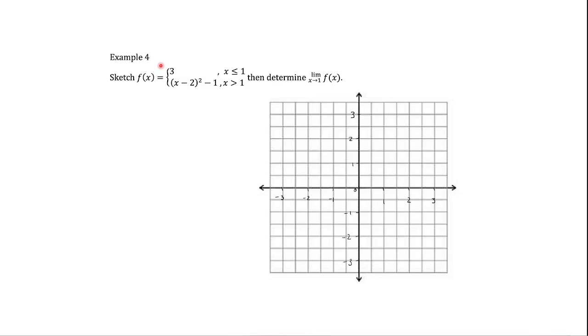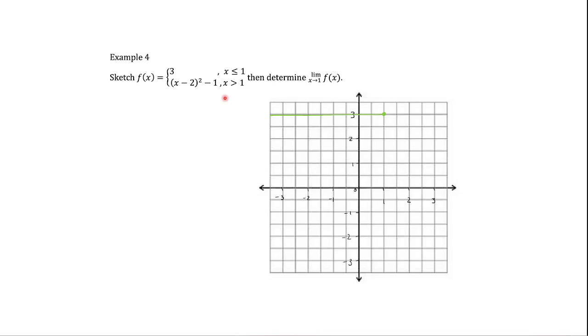Okay, so here again, if x is less than or equal to 1, so starting here and going to the left, we have that f of x is equal to 3. So that's just going to be a horizontal line, right? However, if x is greater than 1, then f of x is going to be equal to x minus 2 squared minus 1, which is actually the parabola that we were just looking at, right?